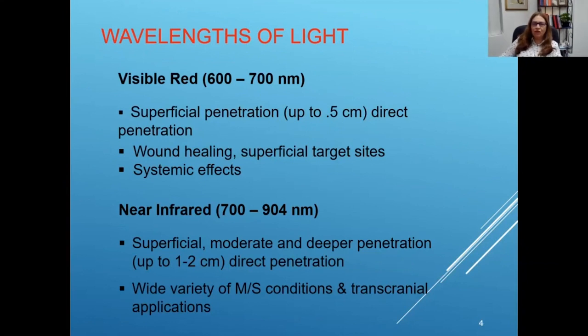So it was very good for wound healing and superficial target tissue. But we now understand that visible red energy can also be absorbed by blood and therefore take that energy throughout the body, and we can achieve a systemic effect. And we'll talk a little bit more about that later.